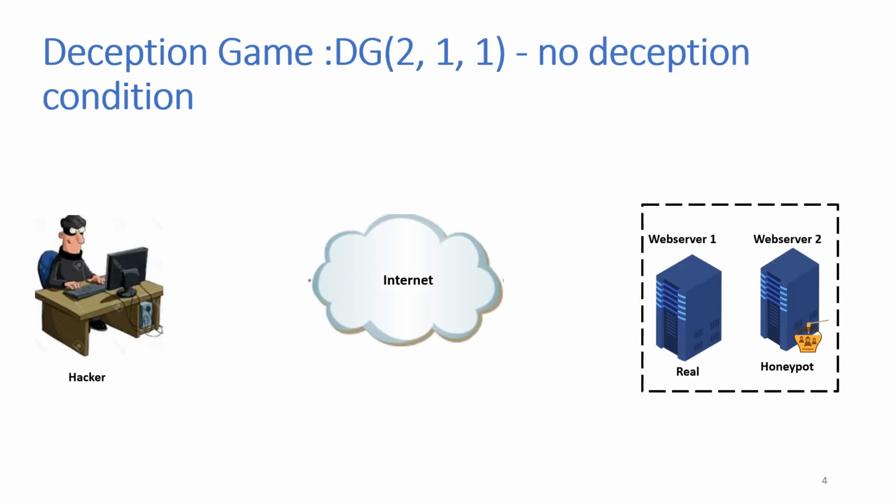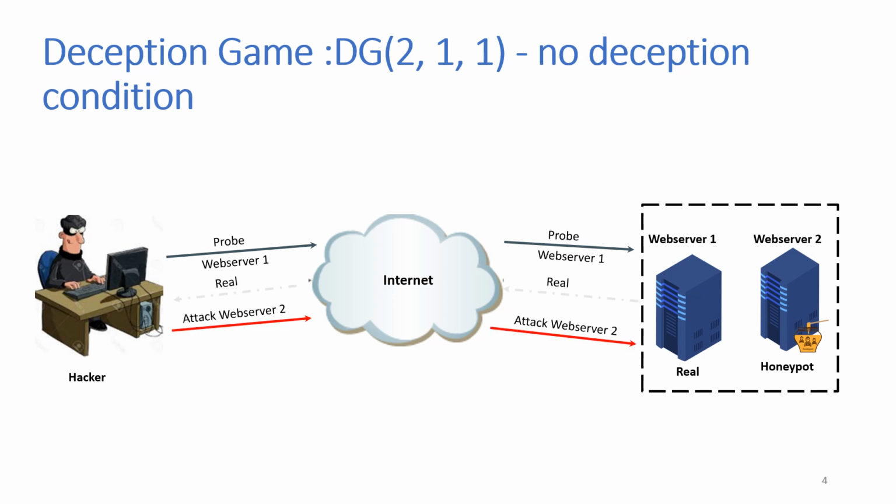So let's look into the DG211 where we have two web servers. One of them happens to be real and the other is the honeypot which would be acting like the real one. In the no deception condition, when the hacker probes one of these web servers, he gets the true response from the network. And based upon this, he decides to go for another computer.